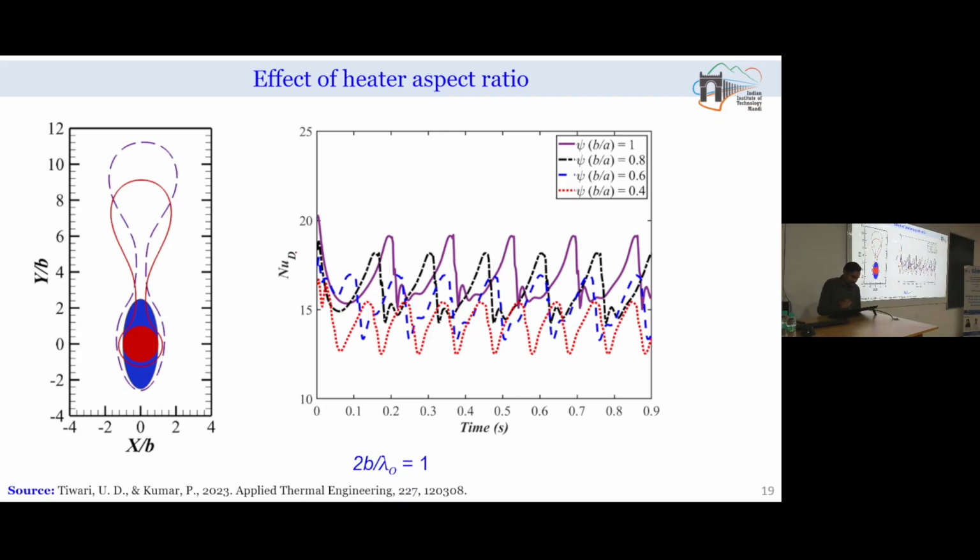We can have a cylindrical heater, a circular heater, or sometimes it may come to mind that instead of a circular heater, let me go for an elliptic heater, because ultimately it will increase the overall area available for heat transfer, and it may also give the feeling that this particular shape is more slender in comparison to the bluff shape.